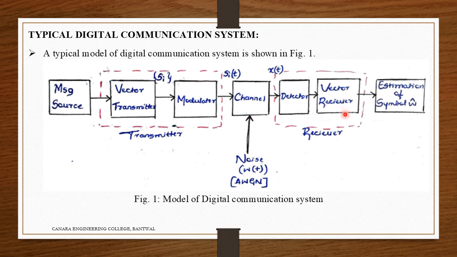That we call the receiver part. Then it estimates the symbol, gets the data from the different planes, and gives the data. So this is how we do it.